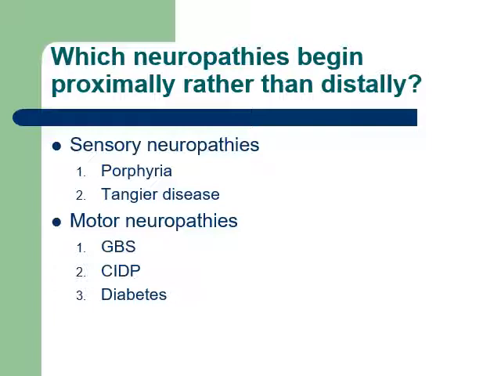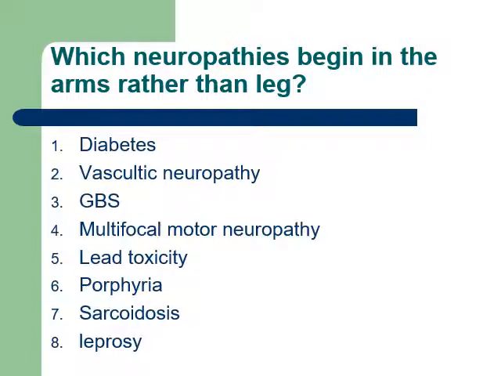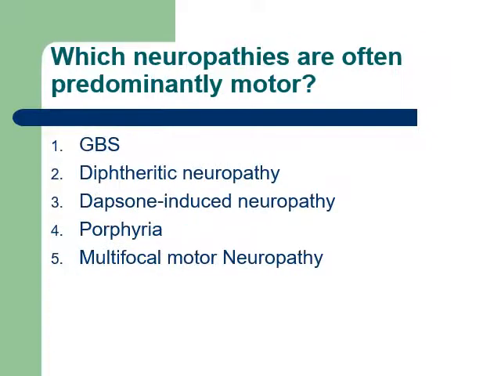These are examples of patients having sensory neuropathy. These are the most common causes: porphyria, Tangier disease, motor neuropathies, Guillain-Barré, chronic forms of Guillain-Barré, diabetes. These are neuropathies that begin in the arm rather than the leg: diabetes, Guillain-Barré, vasculopathy, multiple neuropathies.